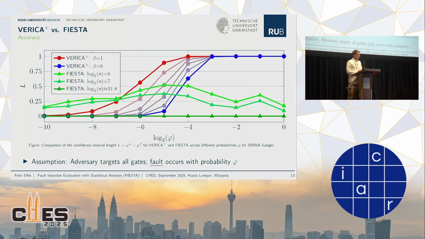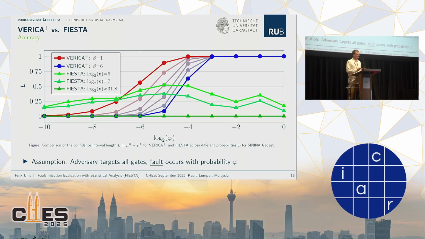On the x-axis we have the probability that a single fault is induced, on a logarithmic scale, and on the y-axis we have the difference between the upper and the lower bound. What we can see here, for example, for 2 to the power of minus 3, I think, for all depicted lines, is that the length of the confidence interval computed by Verica Plus is 1. So we learn simply nothing.